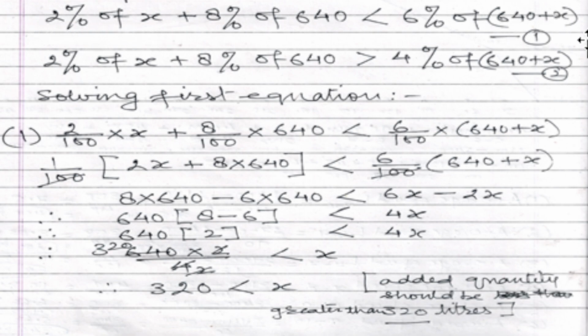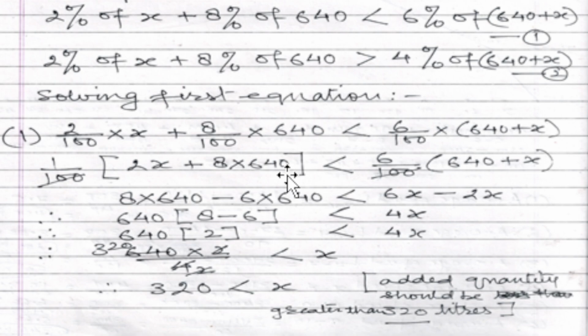The total quantity will become 640 plus X. And the second equation: 2% of X plus 8% of 640 is greater than 4% of 640 plus X. So this is the second equation.